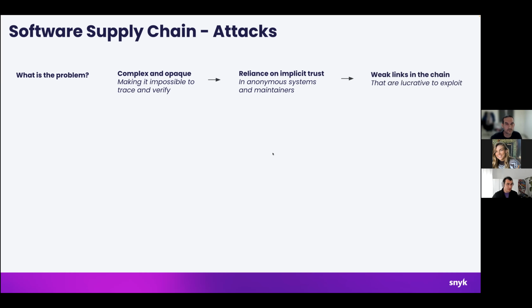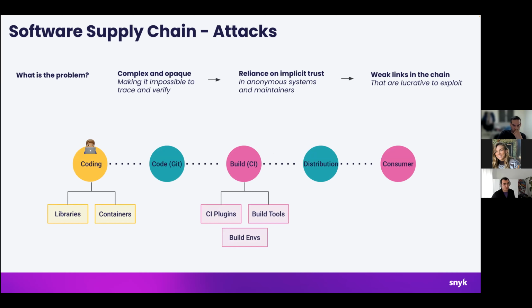So how does it look in practice? If we look at the internal pipeline of how software is built, we have the coding, the code management, the build, the assembly line, and then distribution all the way to consumption. One category of attacks is compromise of application dependencies.